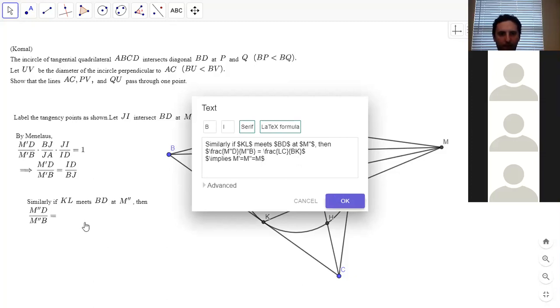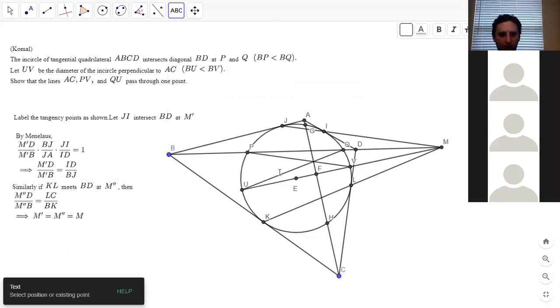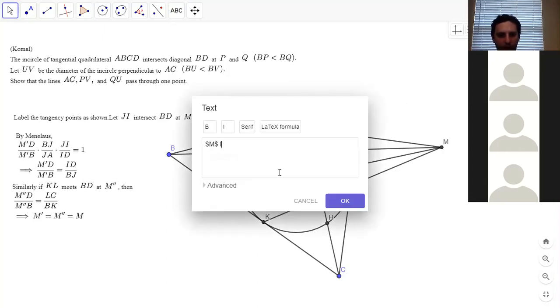Okay. So then M lies on the polar of both A and C. That means that AC is the polar of M. And that implies that M, U, and V are collinear.